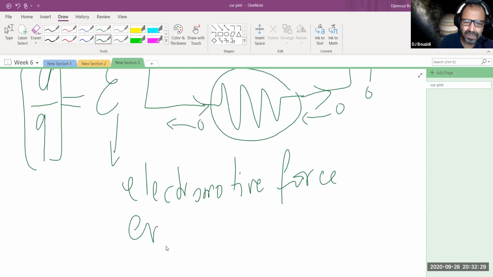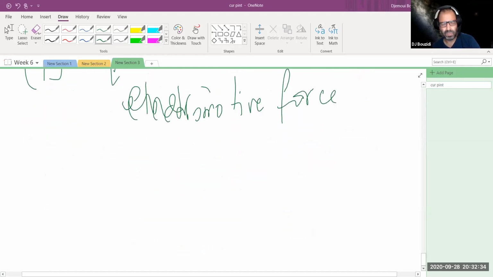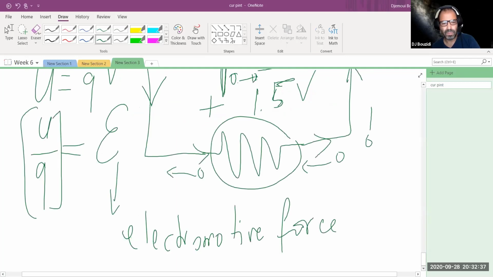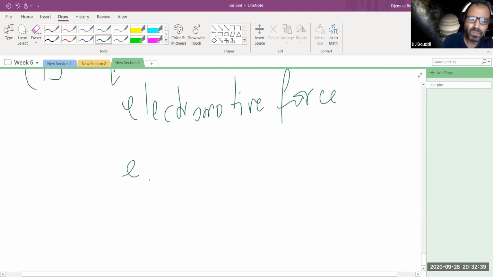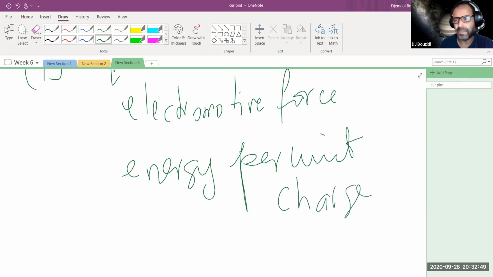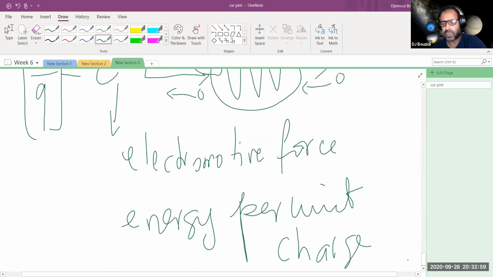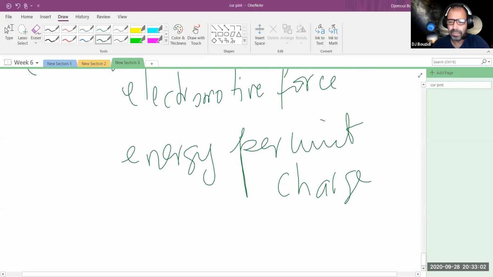It's an energy per unit charge, not a force. And I said that in the beginning, don't confuse the two. It's an energy per unit charge, which is actually volts. That's basically what this thing is.